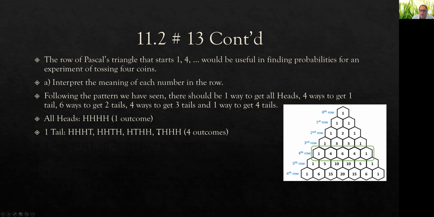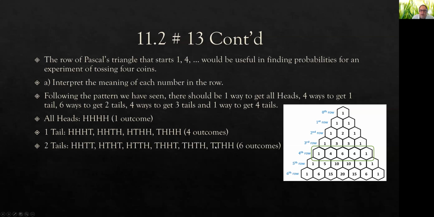There are 4 outcomes that have 1 tail. We either have the tail last, second to last, second, or first. For 2 tails and 2 heads, there are 6 different outcomes, and I've listed them here. 3 tails, there's 4 different outcomes. The heads is either first, second, third, or fourth.